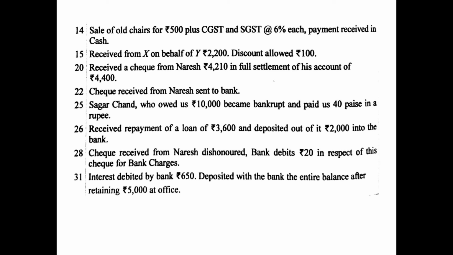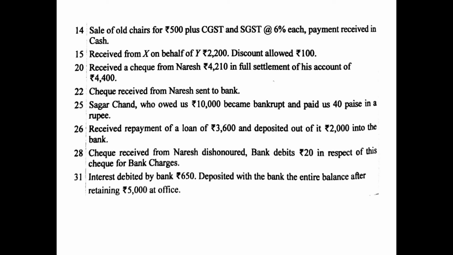May 25th, Sagar Chand, who owed us, means our debtor, rupees 10,000, became bankrupt and paid us 40 paisa in a rupee. So if he paid 40 paisa, that means 60 paisa or 60% is bad debt. That will not be recorded in your cash book. That will be recorded in journal. That means the remaining 40%, 40% of 10,000 is 4,000.